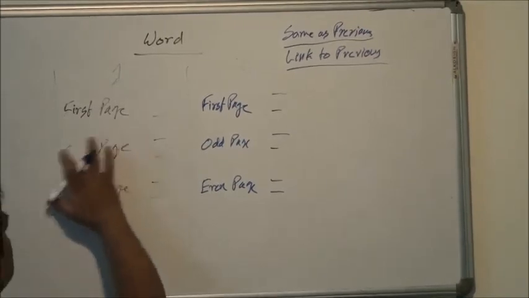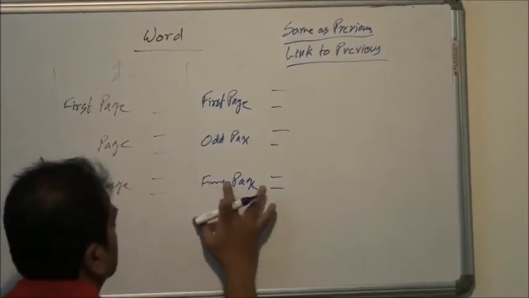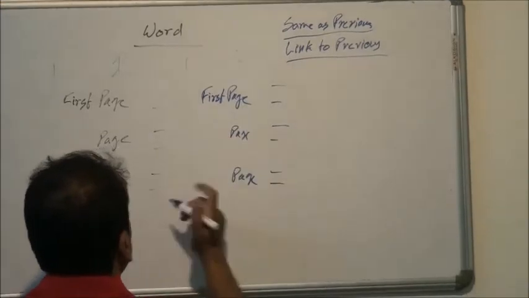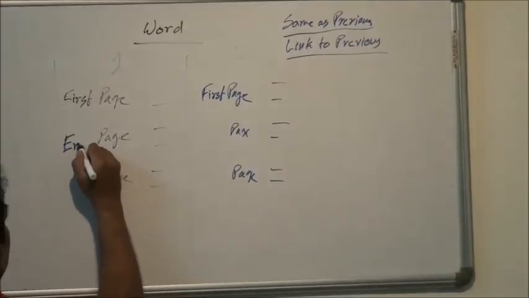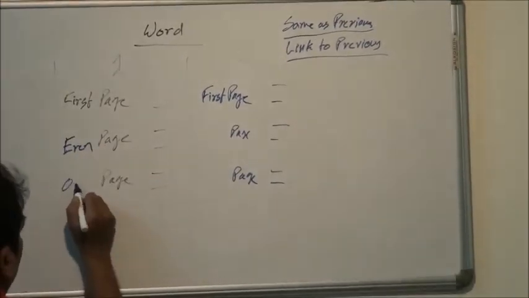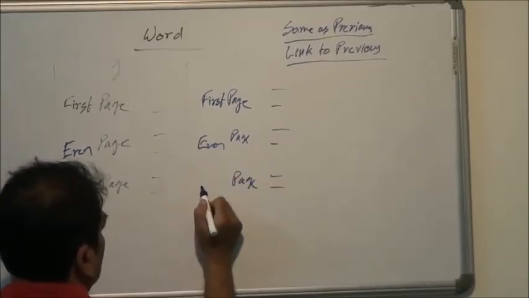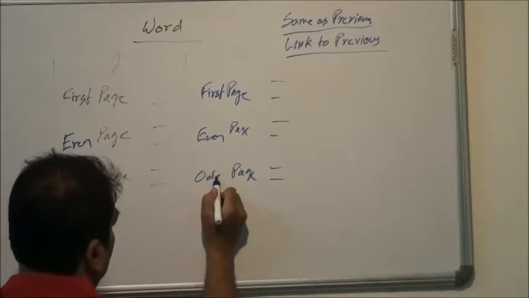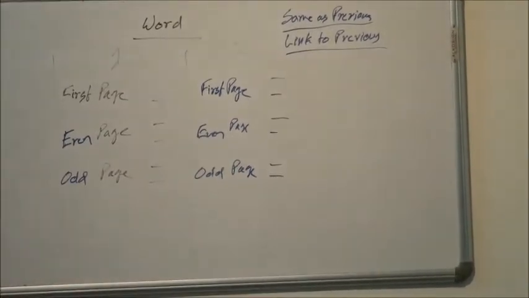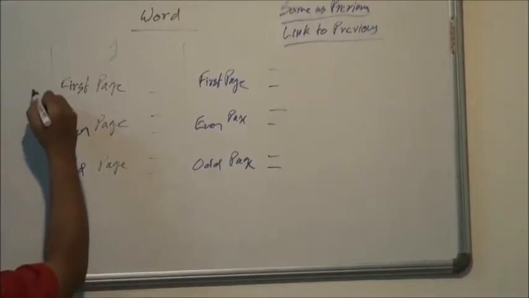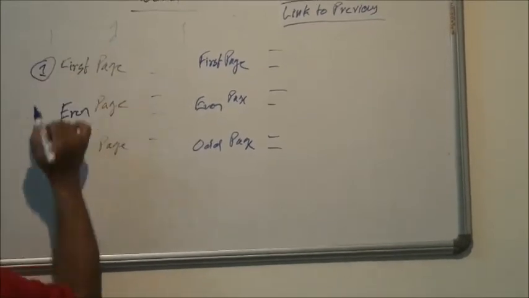So let me change this. So we have even, odd. We have even, we have odd. So to avoid the confusion, let's give page numbers here. Let's say first page is my page number 1 in the document.